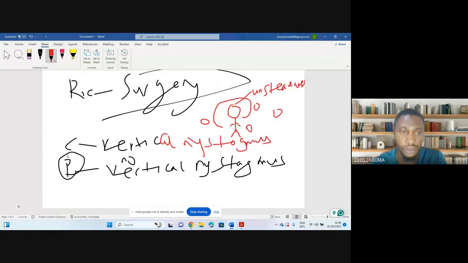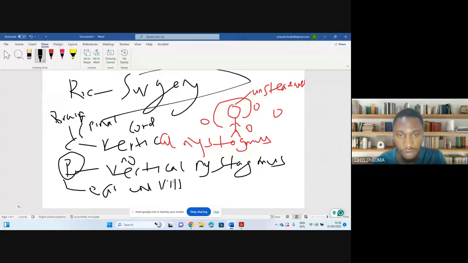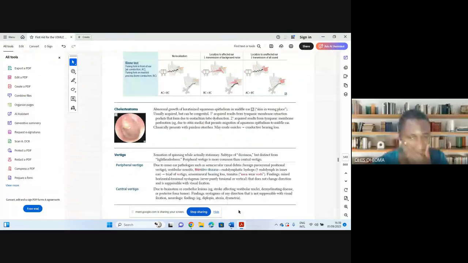And of course, the word central means that the cause of the vertigo is from the brain and spinal cord, and cranial nerves, right? So a brain lesion or a brainstem lesion tends to present with central vertigo. If there's an ear lesion or cranial nerve 8 lesion, it presents more with peripheral vertigo. So you need to know that difference, right? It's never vertical. That's the key thing.